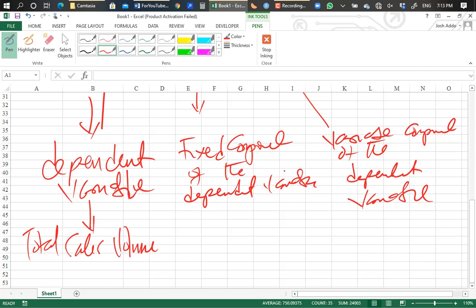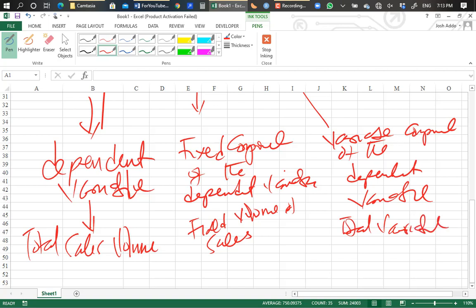The A represents fixed volume of sales. That is the volume of sales that does not have any dependence on promotional activities or promotional expenditure. And BX represents the total variable sales volume.